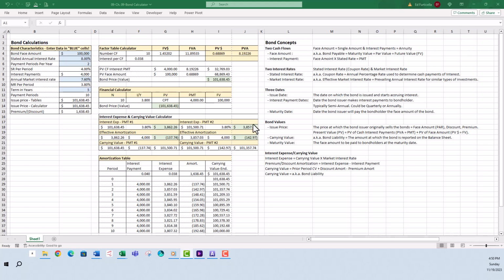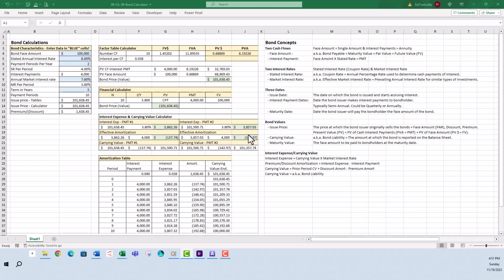The amount of amortization, again, is the cash interest payment minus the interest expense, or $4,000 minus $3,857.03, for an amortization amount of $142.97.